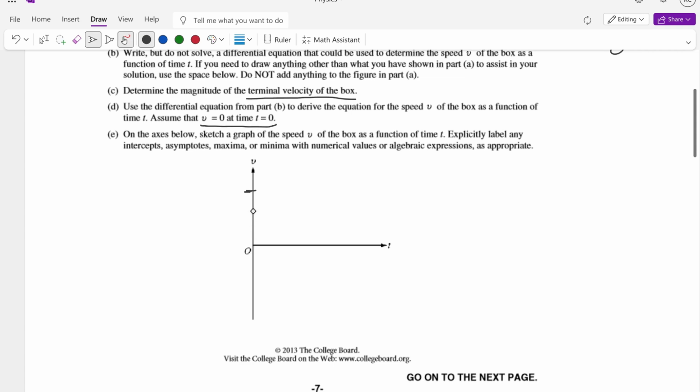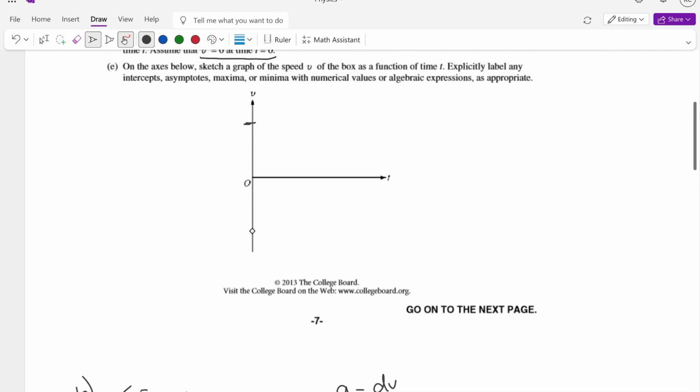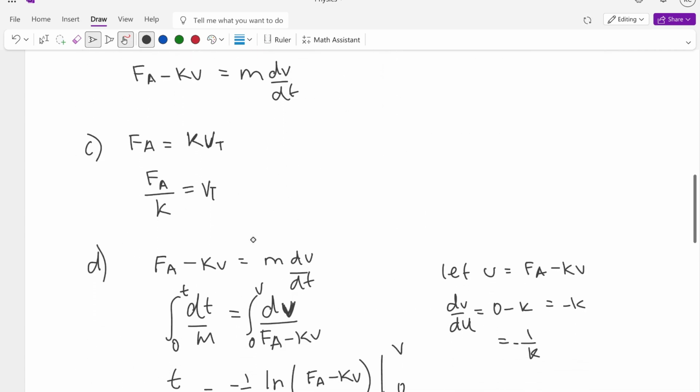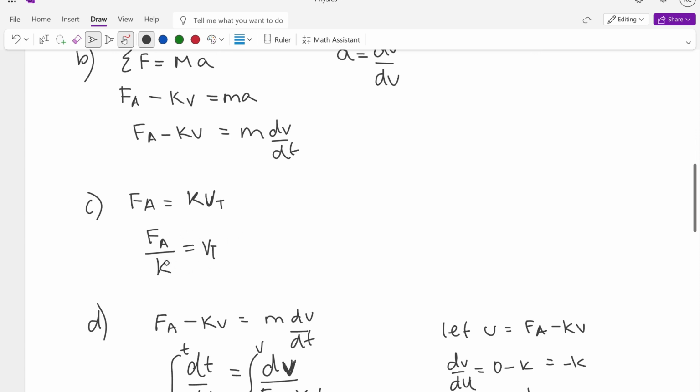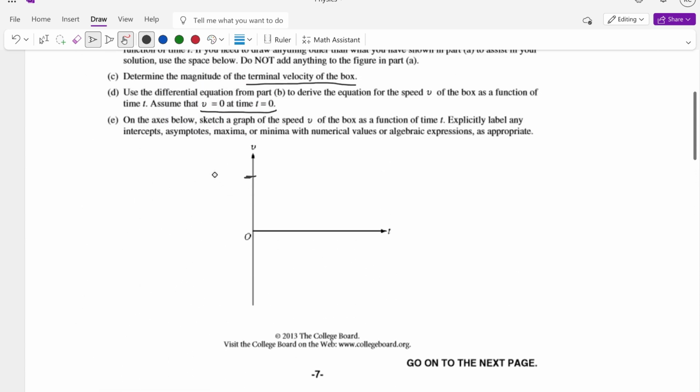It doesn't have to be exactly accurate, but it has to be at some point, not zero. We know that's our terminal velocity, so it's f sub a divided by k. I'm going to draw a little dashed line right there to indicate an asymptote, because it's an exponential graph.